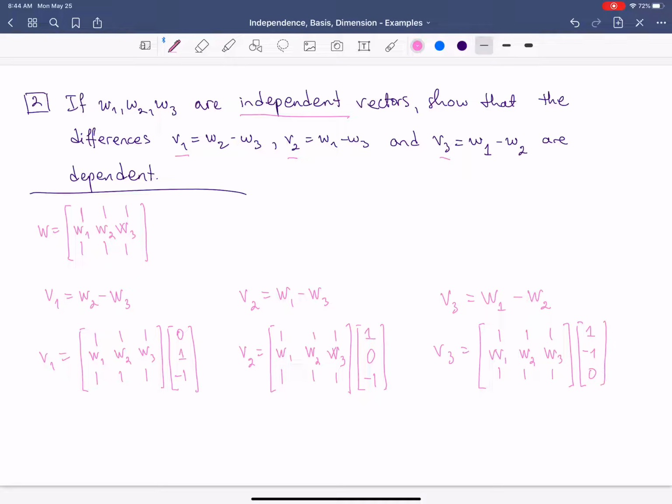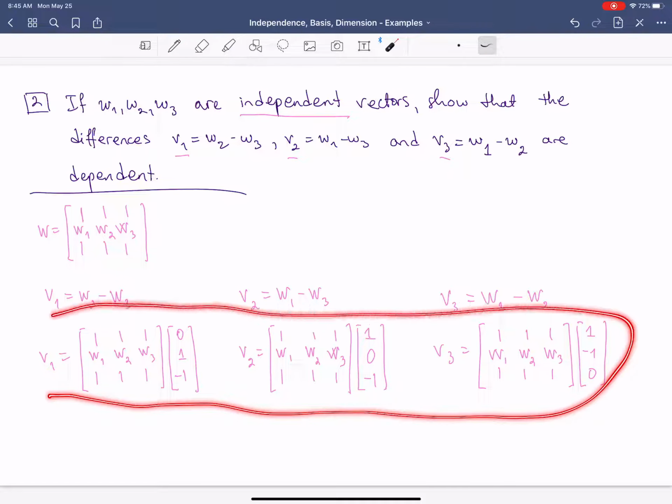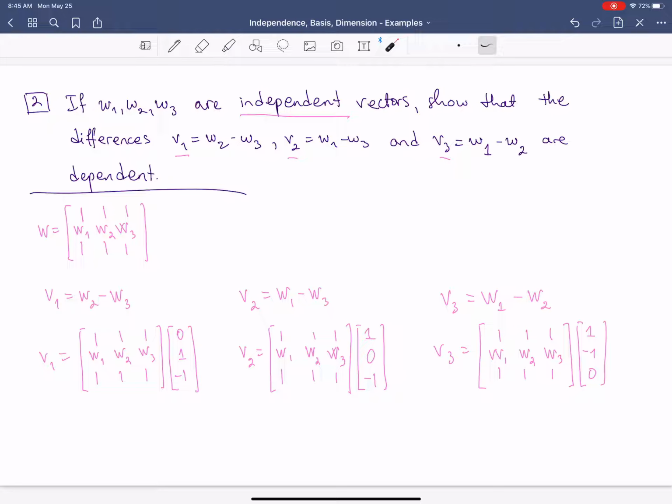Now I can represent these three products, right? These three calculations as a single matrix calculation in the following way. I could take these v1, v2, v3 and place them into a single matrix, v1, v2, v3.